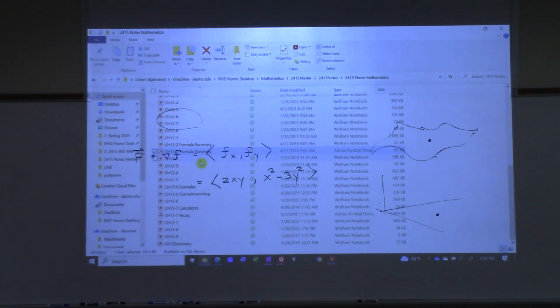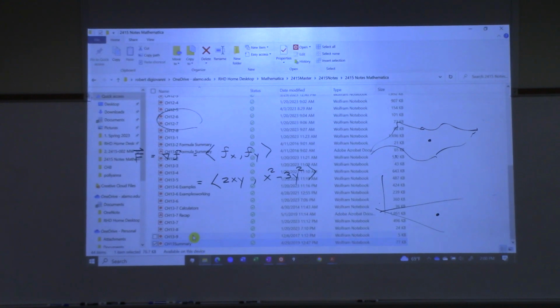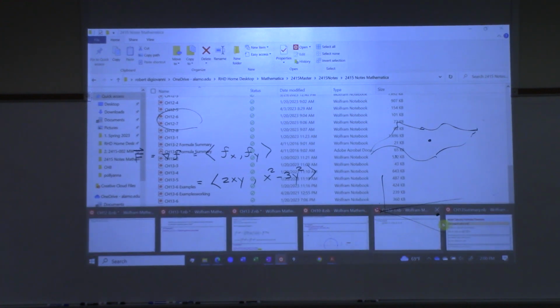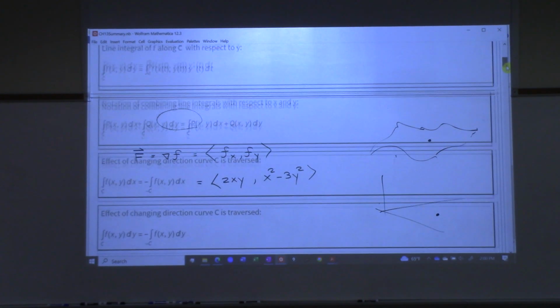I don't remember if I had to memorize all this when I was in Cal 3. This is all the formulas for just chapter 13.